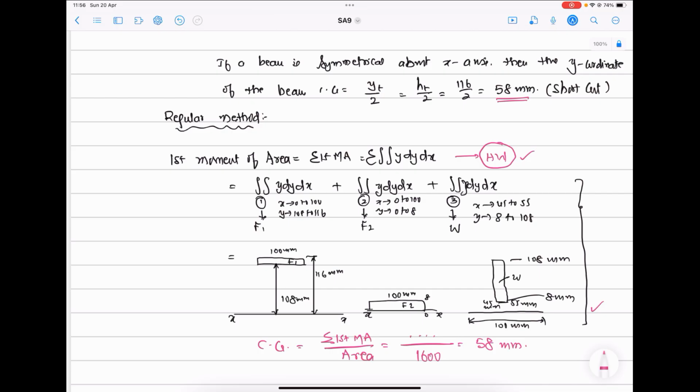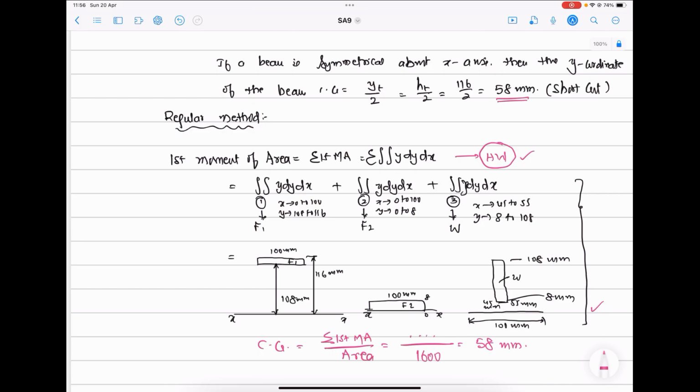If the beam is symmetrical about a particular axis, you can get the other axis coordinate. If it is symmetrical about the x axis, you can get the y axis coordinate, yc or y bar, by simply pointing out the center of the total y length of the beam, yt by 2.